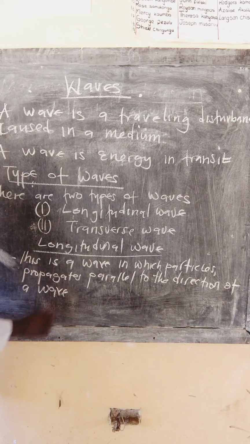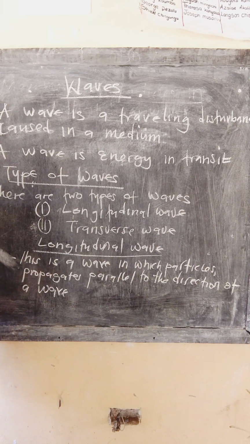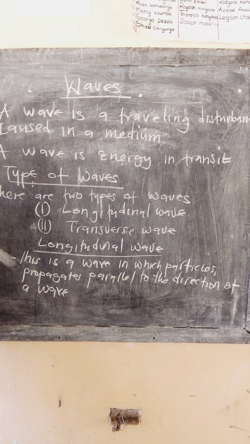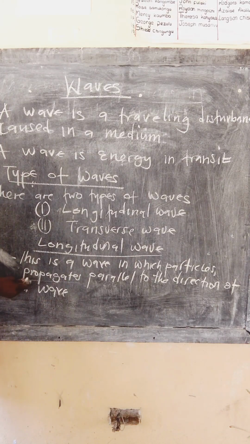That's what it means. So there we are saying particles, they're supposed to propagate, or rather to move. Where there is propagates, you can also put vibrate, or movement. So you can simply say this is the wave in which particles vibrate parallel to the direction of a wave.